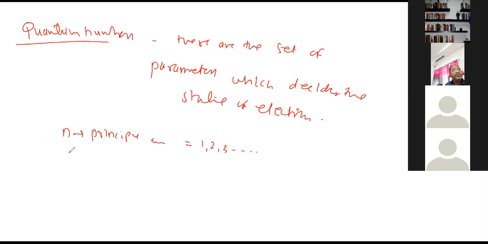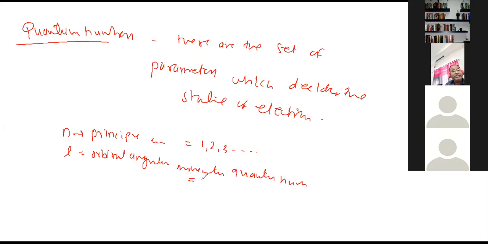Second is l, which is the orbital quantum number, or angular momentum quantum number. Is it right? Or just orbital quantum number, you can say that.